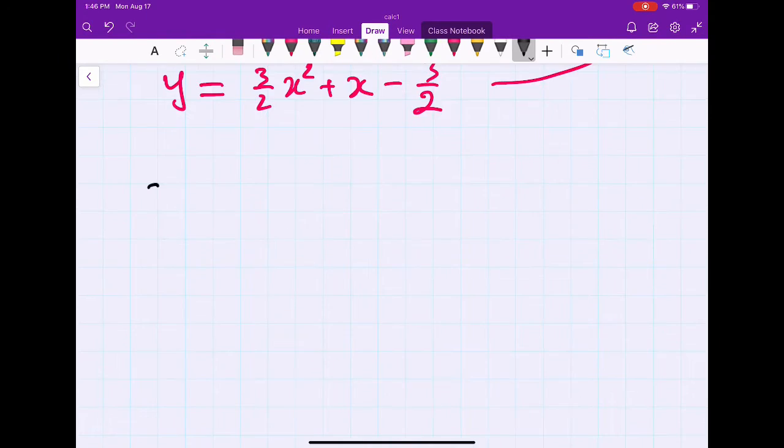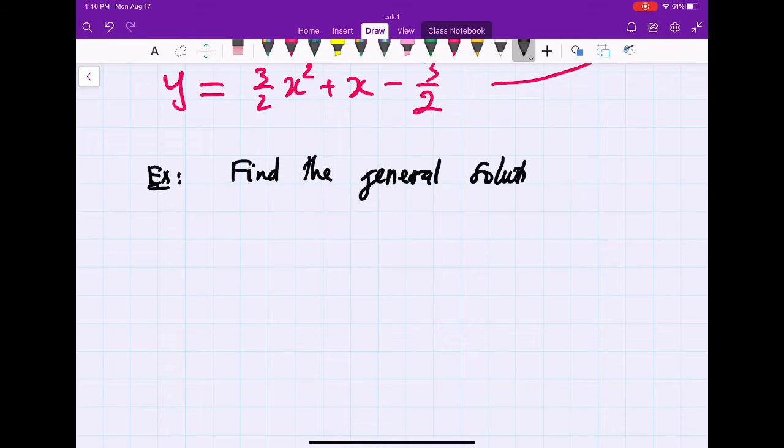Let's consider the following example. Let's find the general solution of the following differential equation: f prime of x equal to 1 over x squared, when x is bigger than 0.